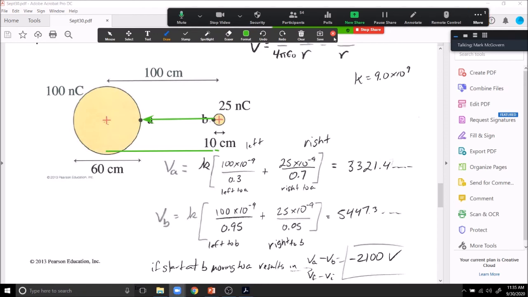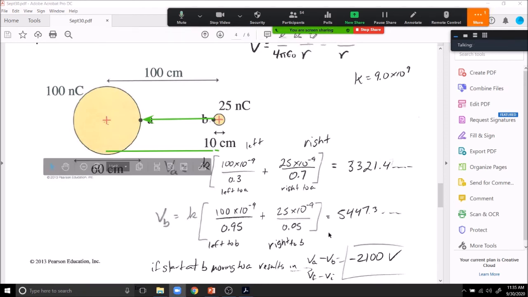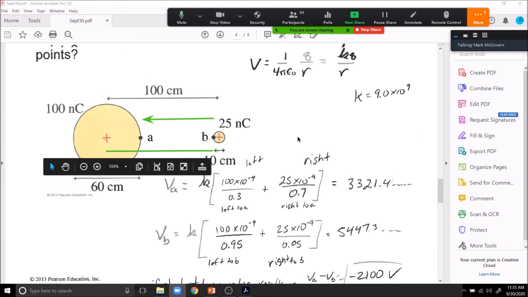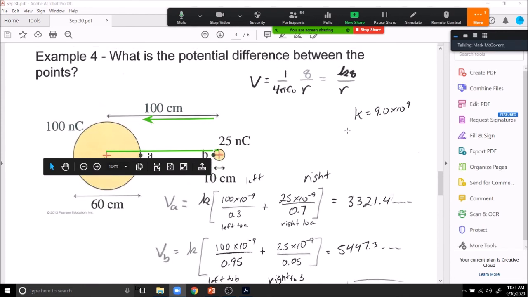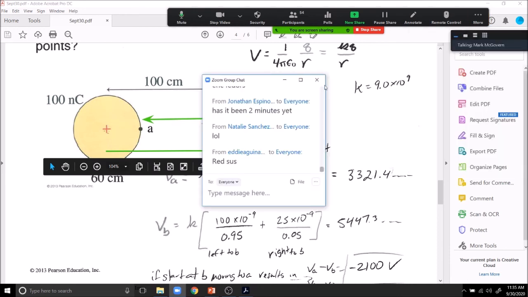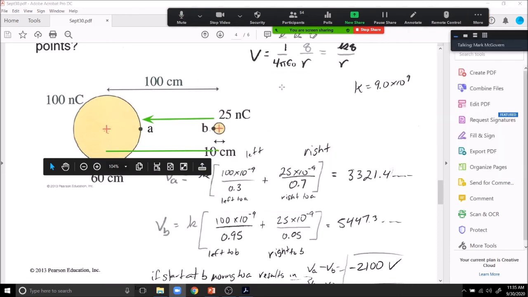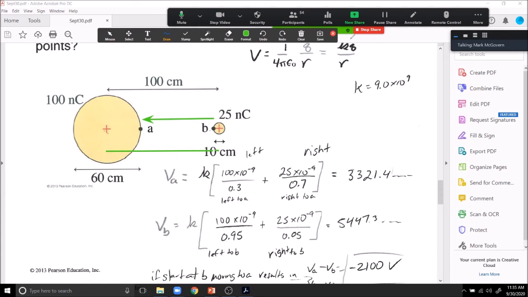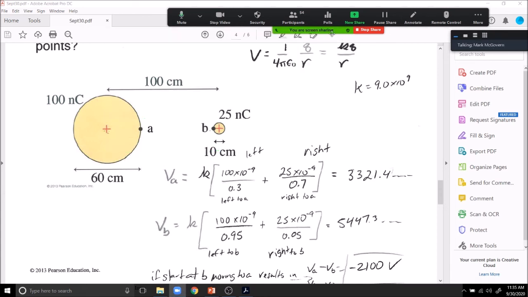What I did here is, ultimately the question asks, what is the potential difference between the points? Could be positive, could be negative. You just got to make sure that you specify which direction you're going. Ultimately, B is higher than A, right?